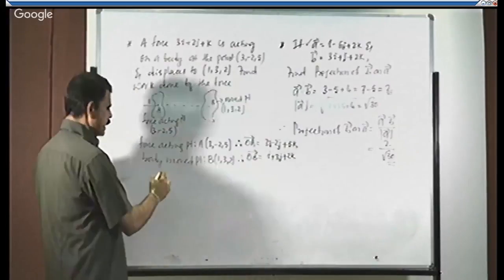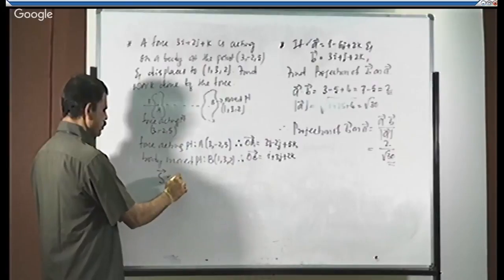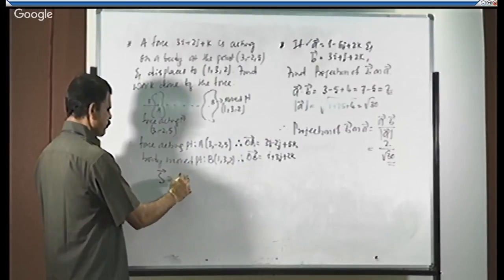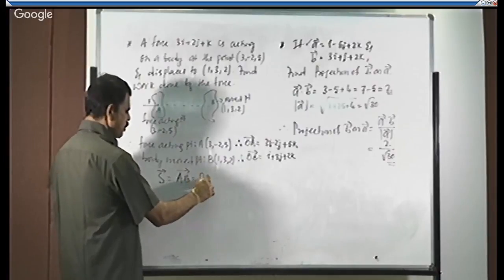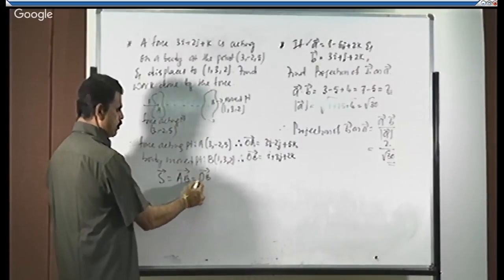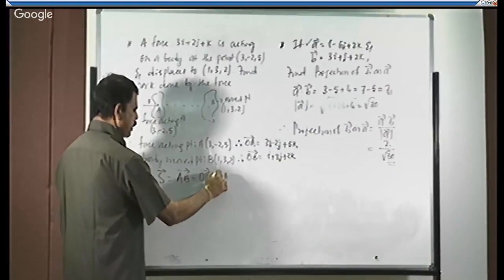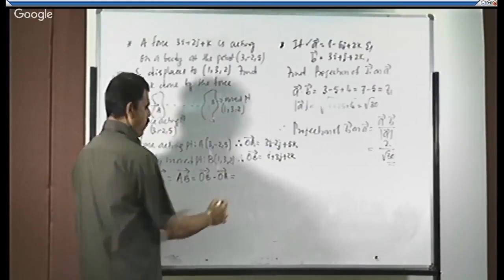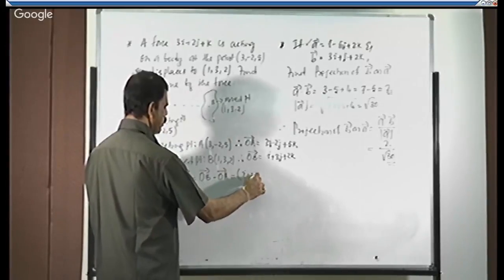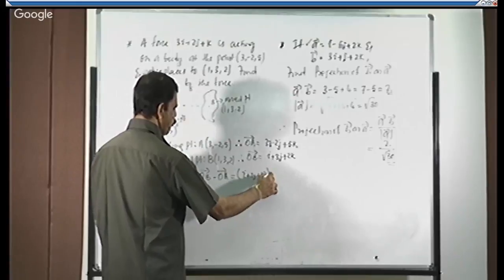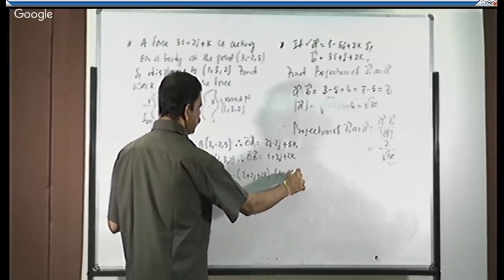With this, get the distance moved by the body. S is equal to AB. AB is the position vector of the end point, terminal point OB, minus the position vector of the first point OA. OB is i plus 3j plus 2k minus OA, 3i minus 2j plus 5k.